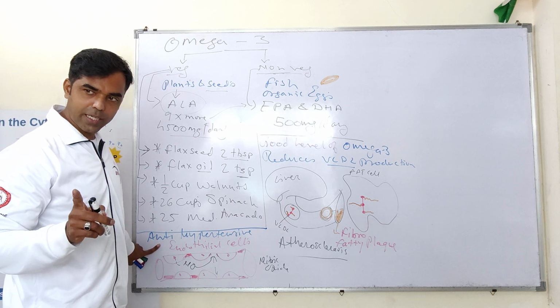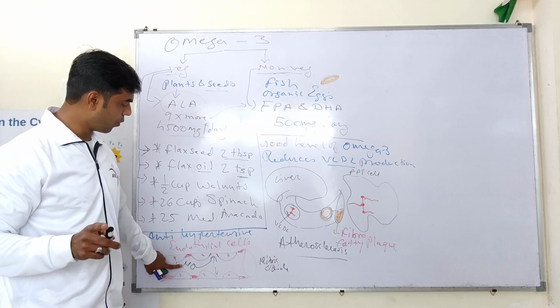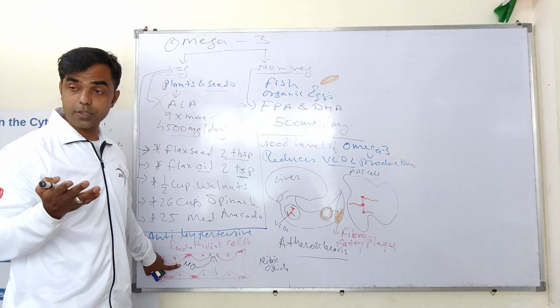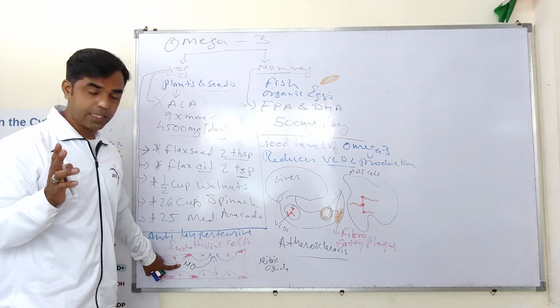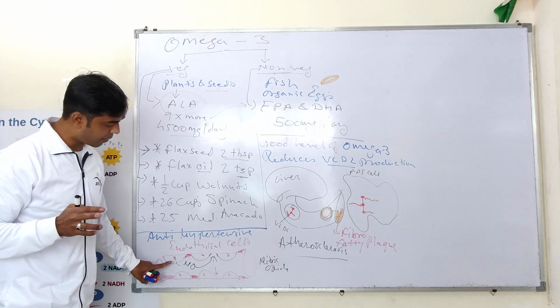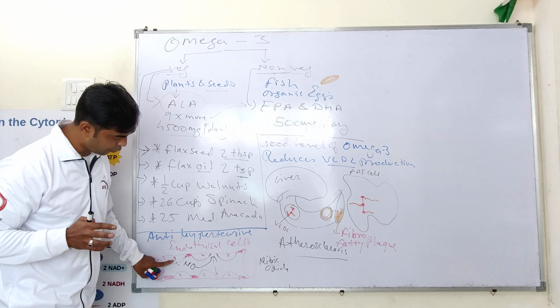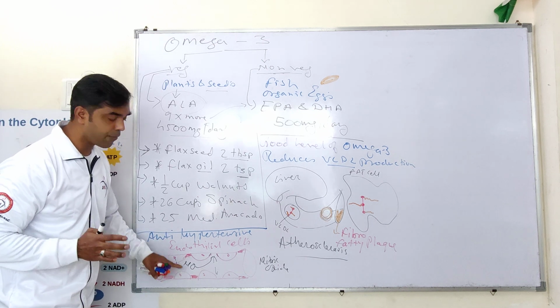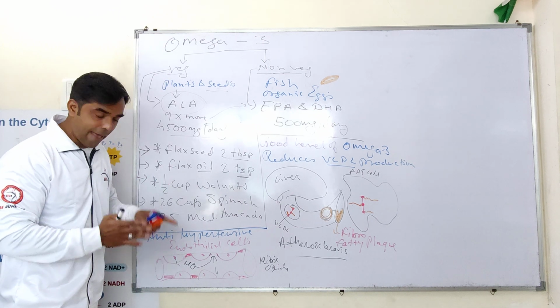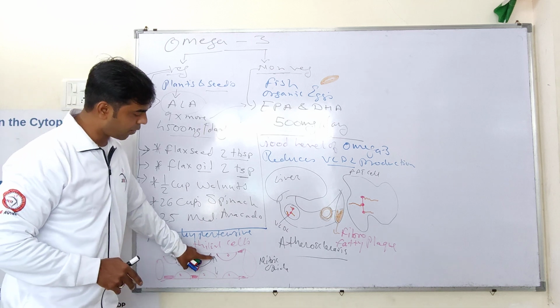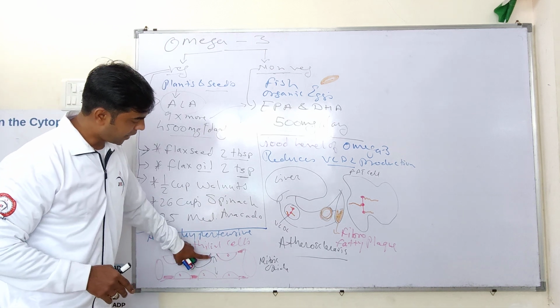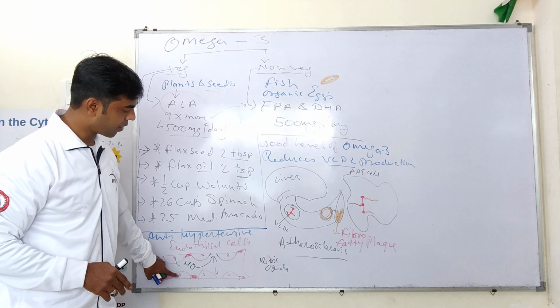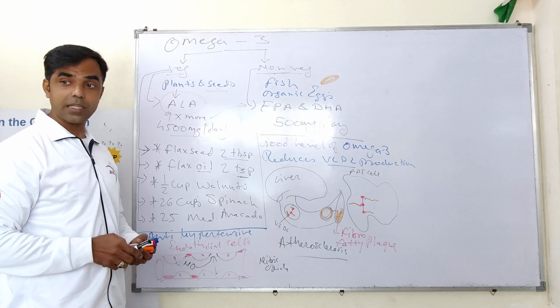So a good level of omega-3 again is going to build up nitric oxide in your arteries. This nitric oxide is made by the endothelial cell. They have the nucleus. This dot is called the nucleus, and this nitric oxide will dilate the artery, as well as clear some material which is in between the endothelial cells, right?